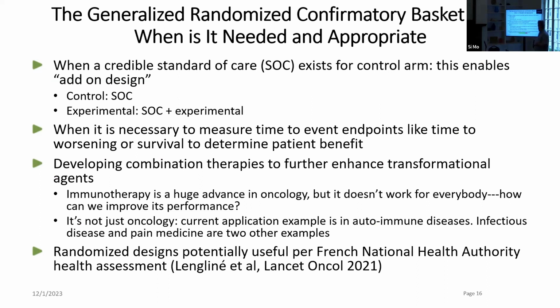When you need to measure time to event, things like survival, which really lead to patient benefit, you need randomized control. When you're looking at trying to enhance a drug that's already really good by adding something else to it, you need a control. The French National Health Authority article actually mentioned the designs that I'm going to very briefly discuss as potentially promising in the confirmatory space. Next slide, please.